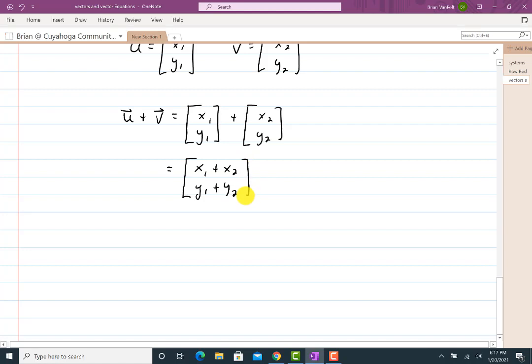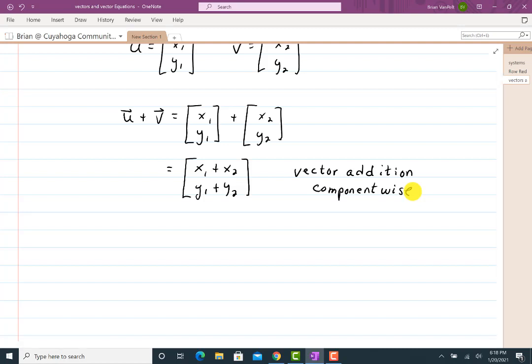So this is what we call vector addition, and we call it component-wise. That means I add the first entries together and I add the second entries together, and if I had more, I would add the third, the fourth, all the way up to whatever n happens to be.